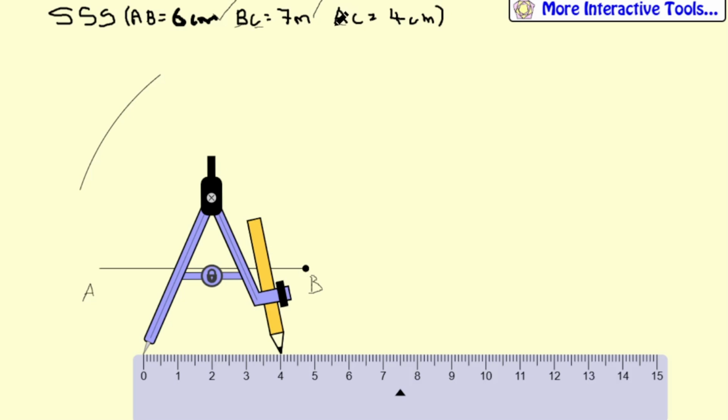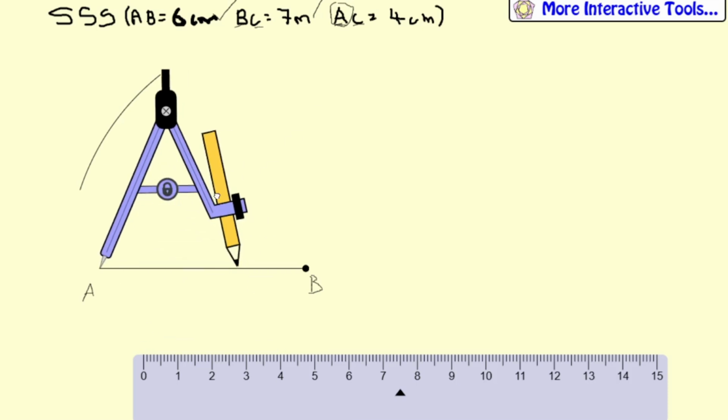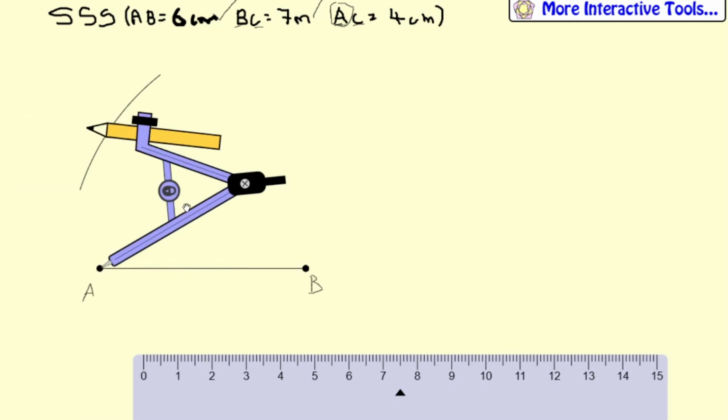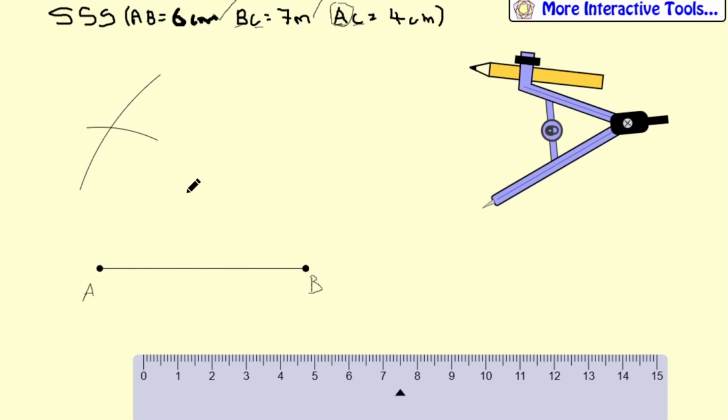Now the question is asking for A, C. We do not know where C is, so we cannot place a compass point at C. We have to place it at A. Then now we're going to do what we did previously, which is to cut the previous arc. Where we cut that previous arc, this is now our AC and BC. All right, so let us draw a line here and here.